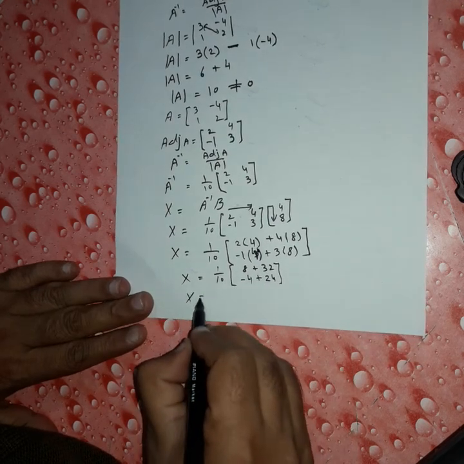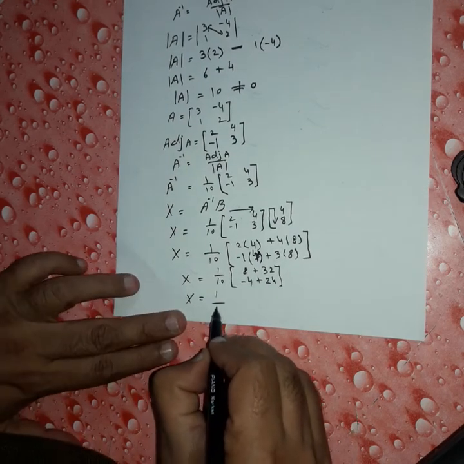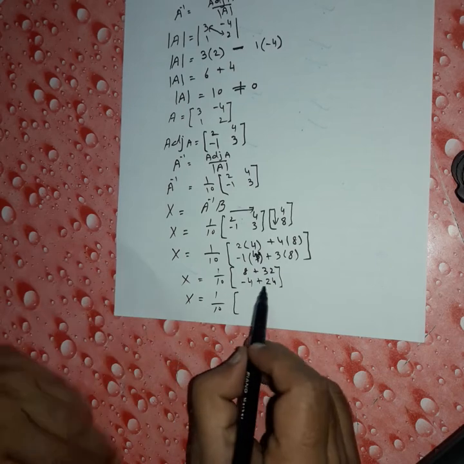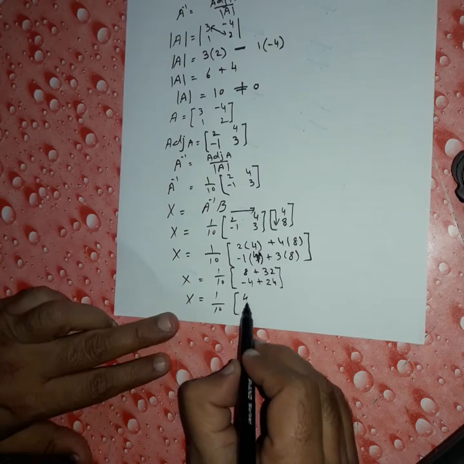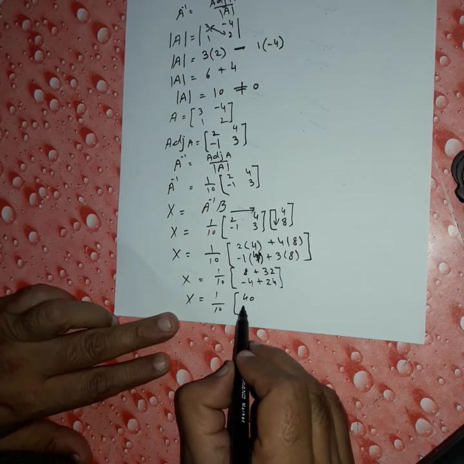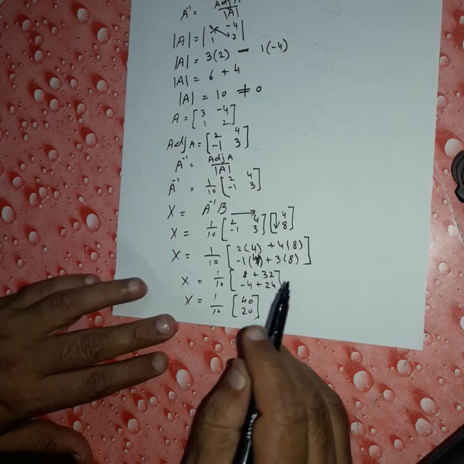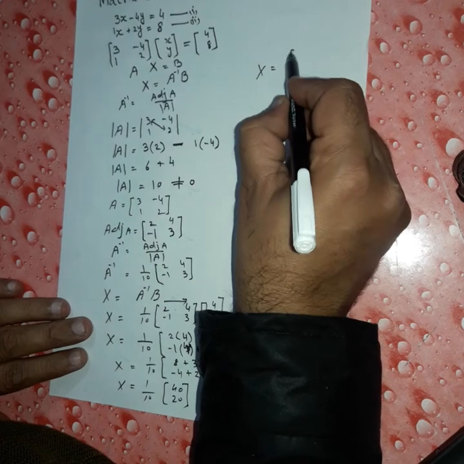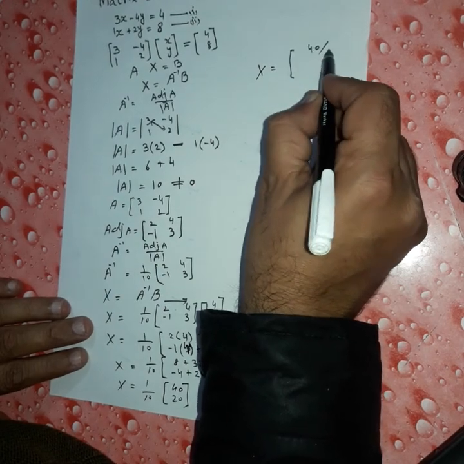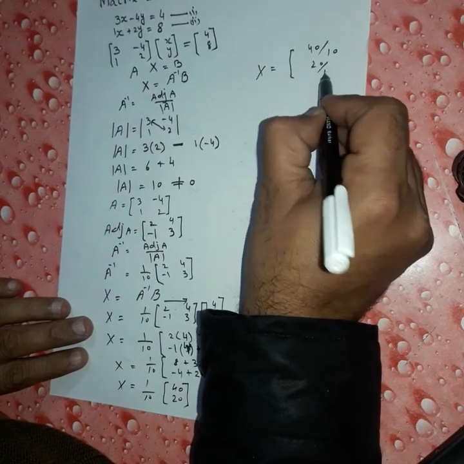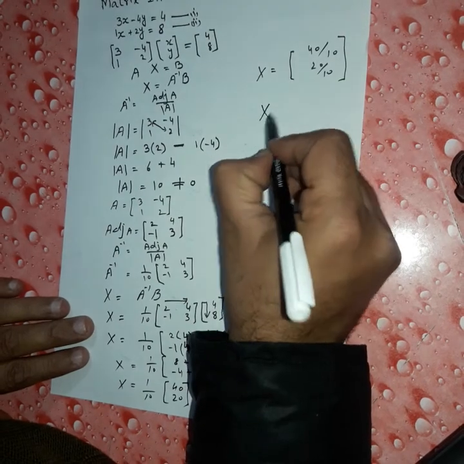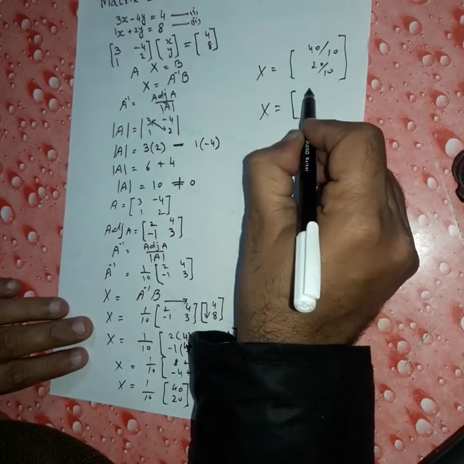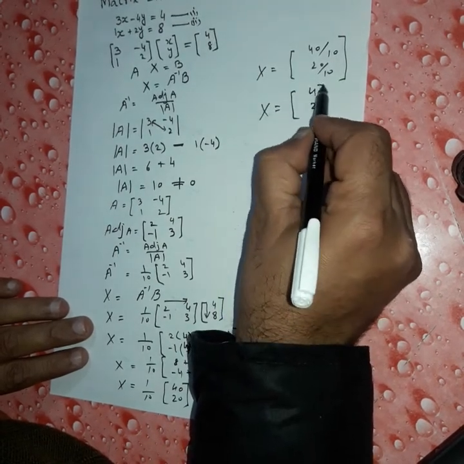X is equal to 1 by 10. 8 plus 32 is equal to 40 and minus 4 plus 24 is equal to 20. Now X is equal to 40 by 10 and 20 by 10. 40 by 10 is equal to 4 and 20 by 10 is equal to 2.